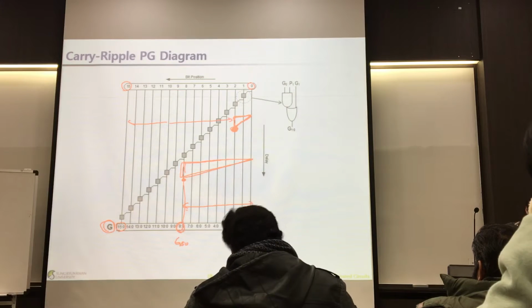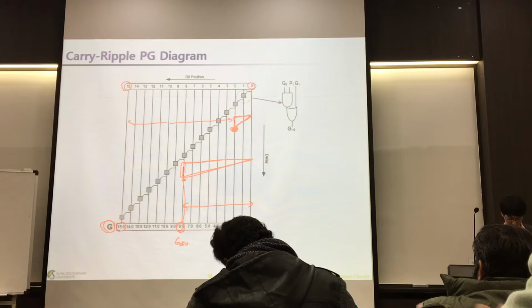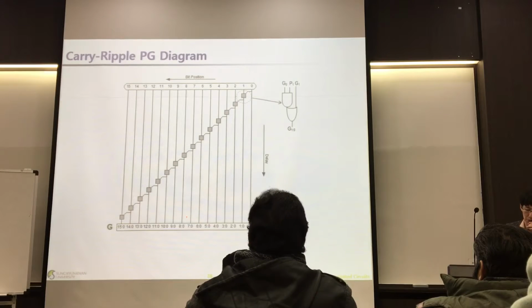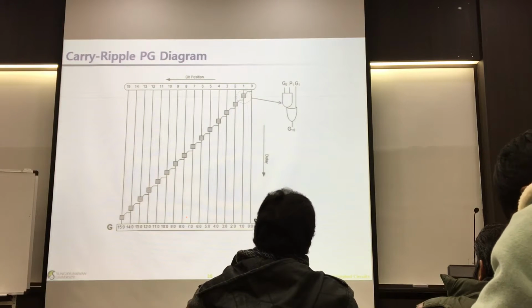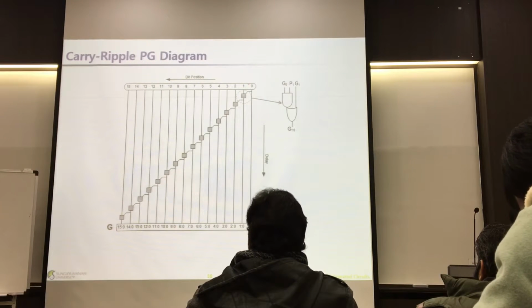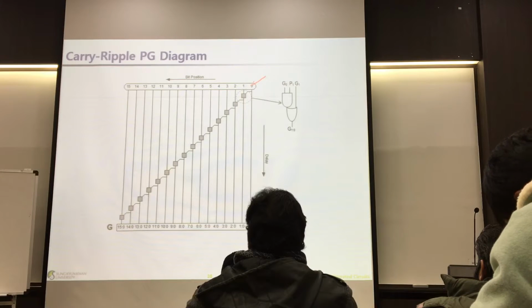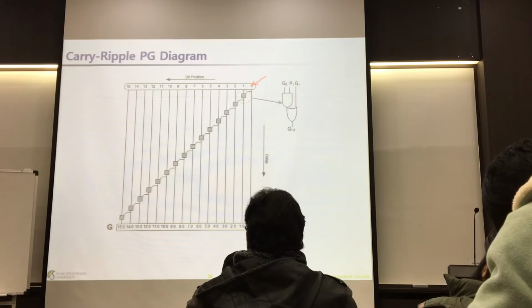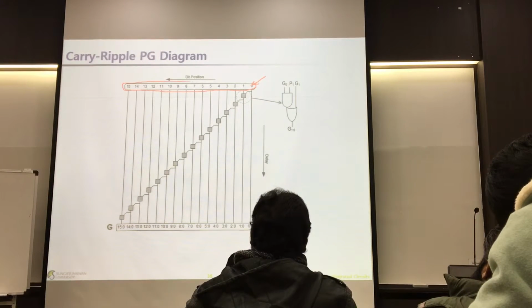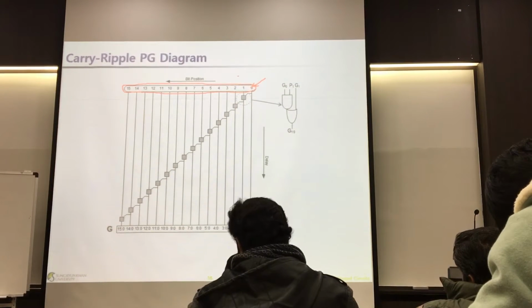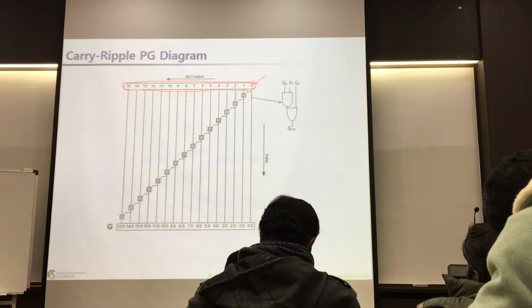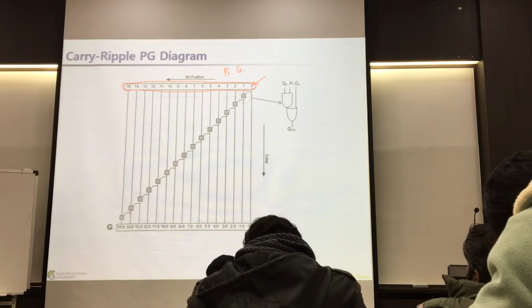So for the ripple carry adder, you can implement it with this PG calculation here. This is kind of the setup. This part here generates Pi and Gi.